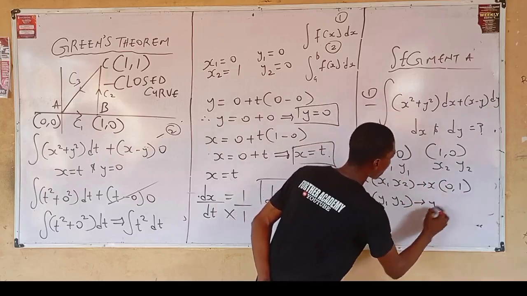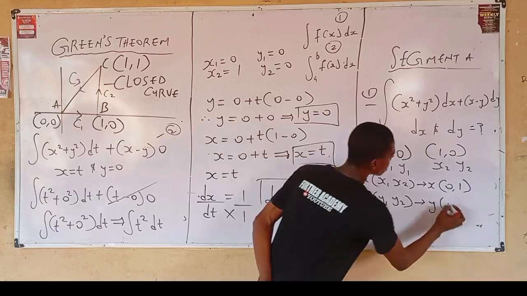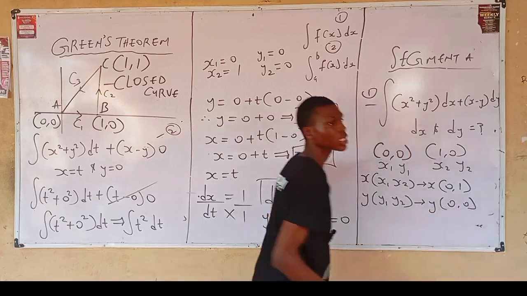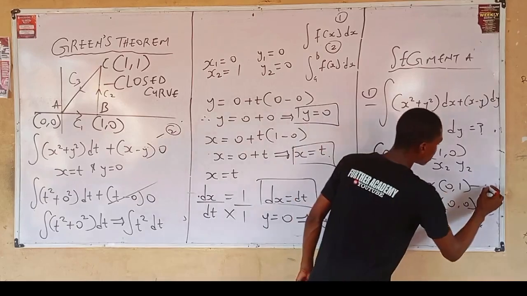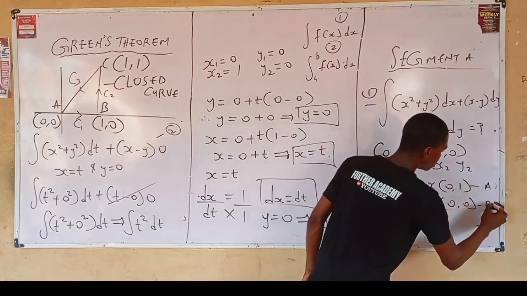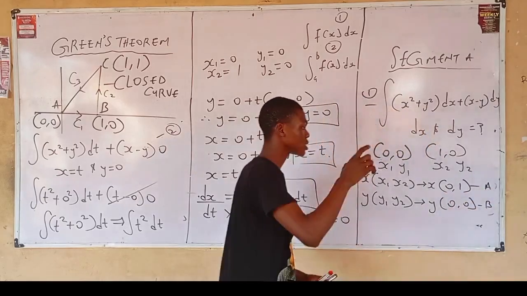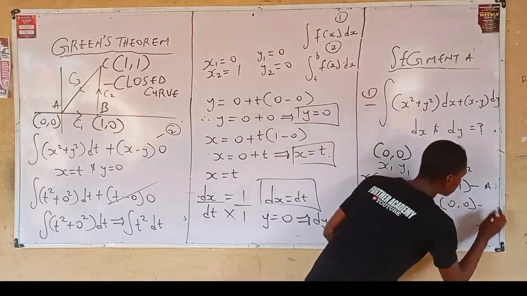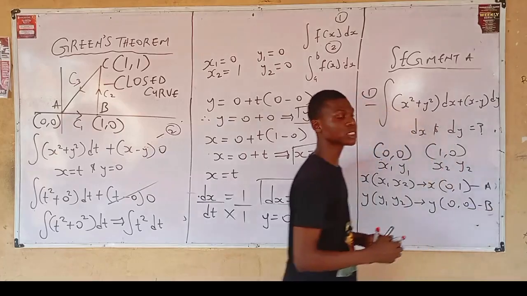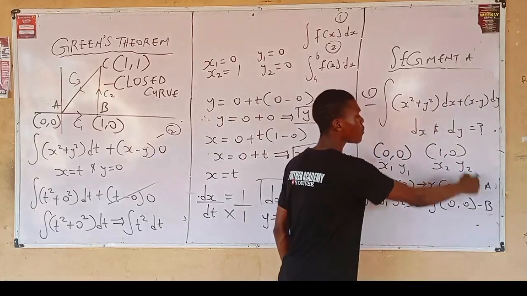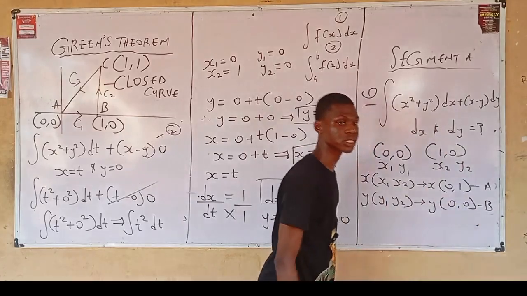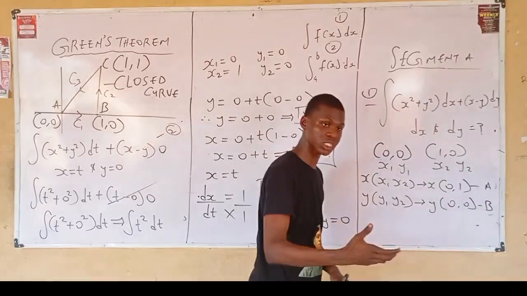Then y is 0, comma 0. Now, we say this is a and this is b. To get my limit, it is between a and b. But I'm making use of the one that is not fixed.